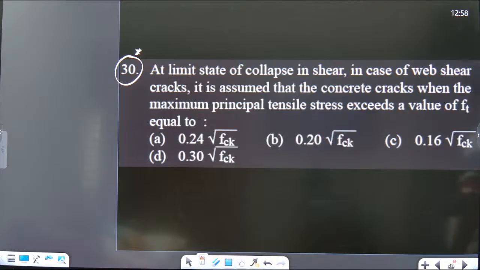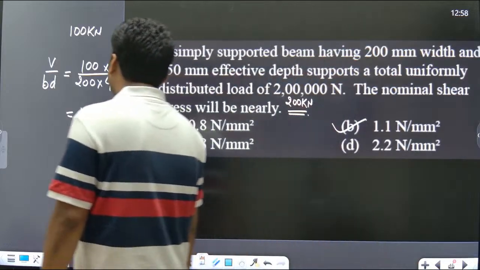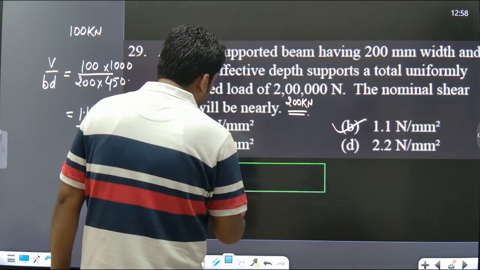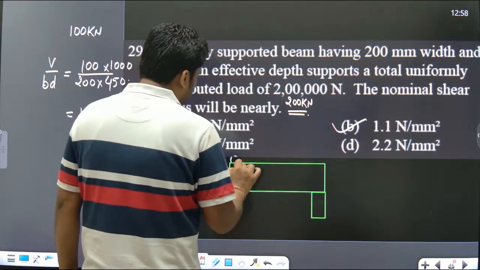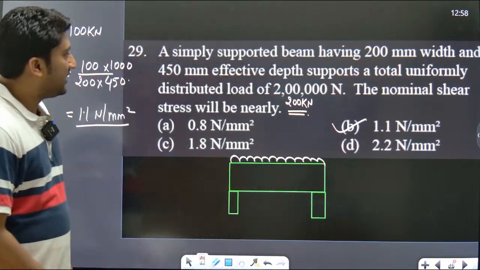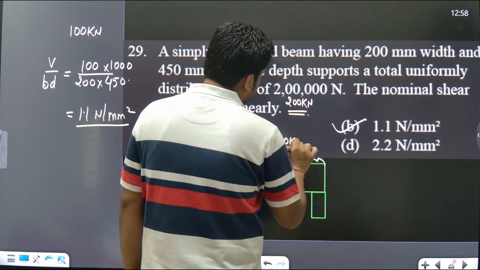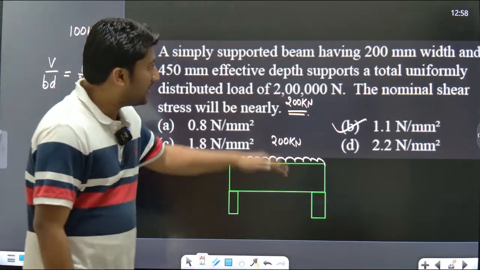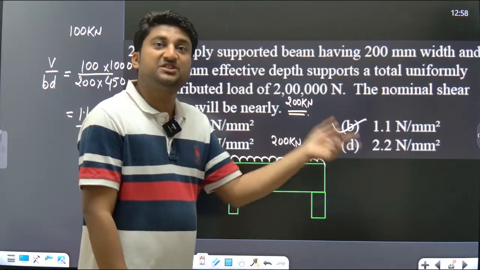Now you can see, this is a symmetrical beam, yes or no? If it is a symmetrical beam, and the UDL, the uniformly distributed load, is equal to 200 kilonewton, this is the total load which is distributed equally.